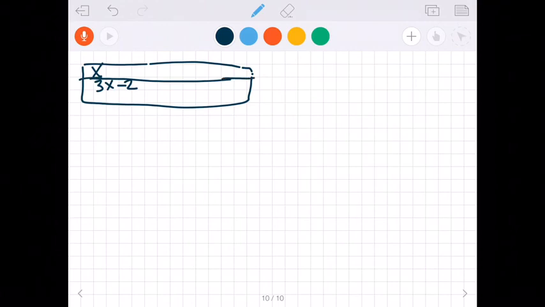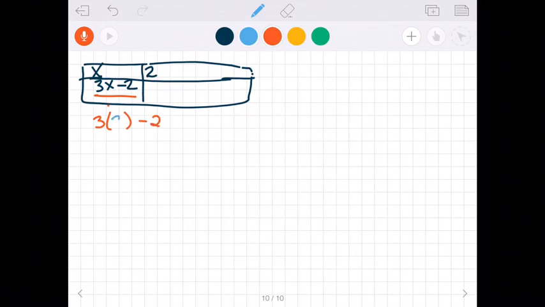So they have x is 2. Okay. So in this function, what they want us to do is figure out what happens when we put a 2 in for the x. Well, 3x minus 2 means 3 times whatever x is, minus 2. Well, this time we're saying x is 2.